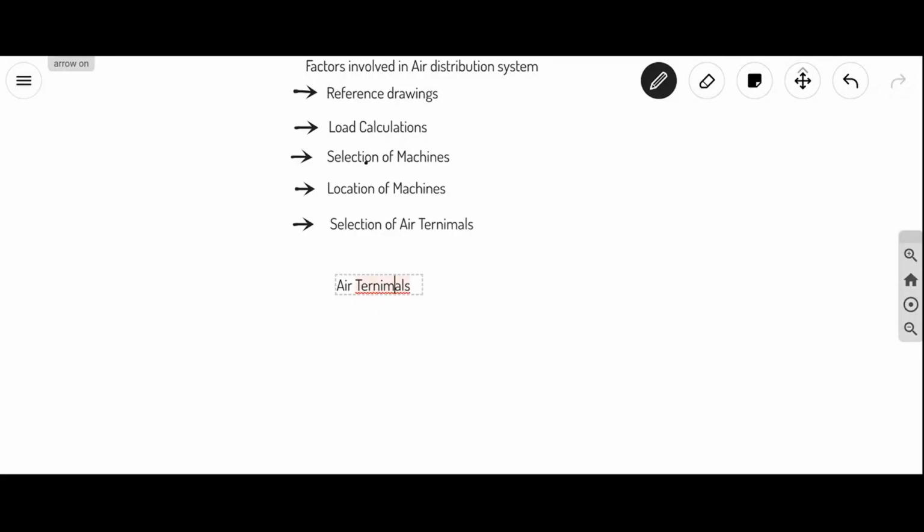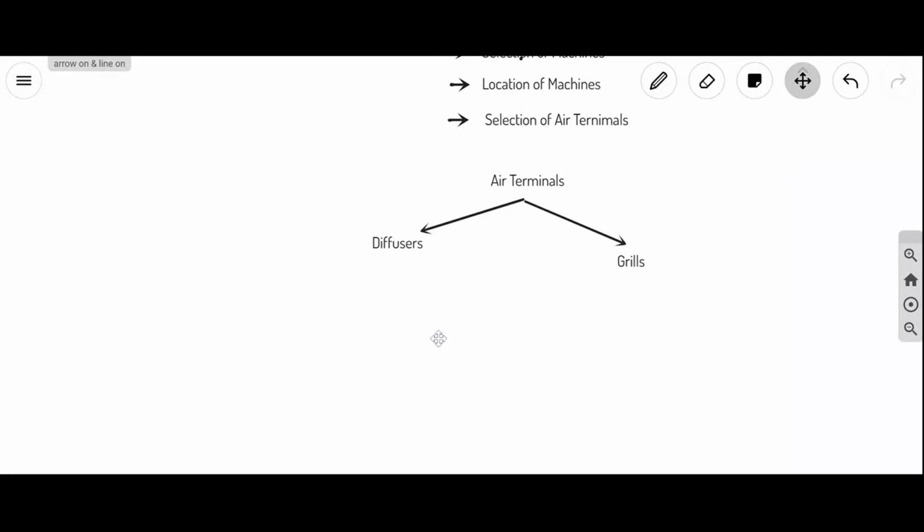Most commonly divided into two types: diffusers and grills. Diffusers are round and square.